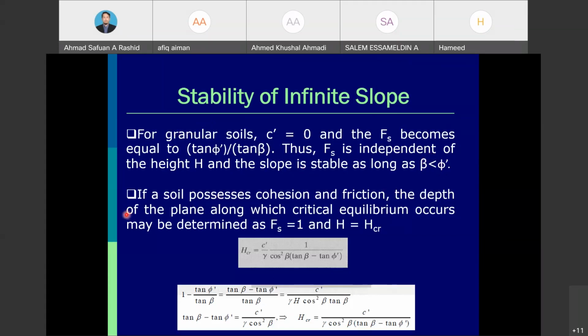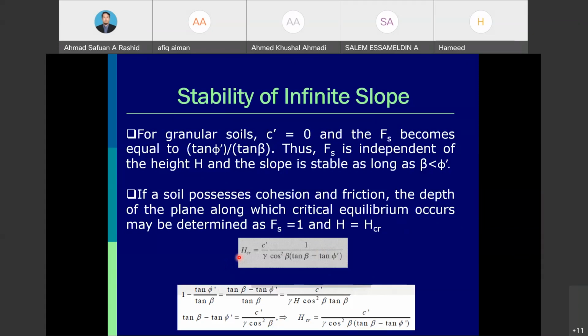So if a soil possesses cohesion and friction, the depth of the plane along which critical equilibrium occurs may be determined when the factor of safety is equal to 1 and H equals HCR. For instance, if we want to build a slope at a factor of safety equal to 1, we should determine the HCR value.